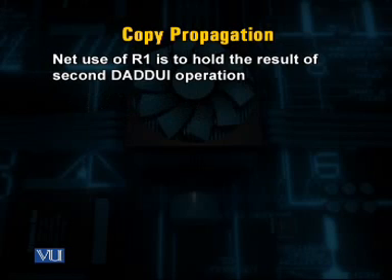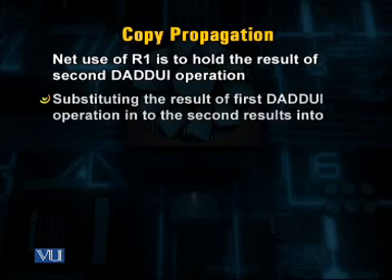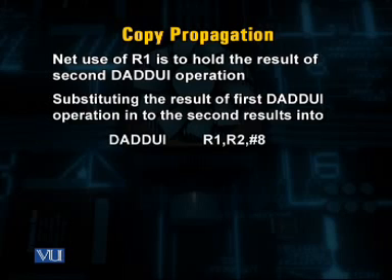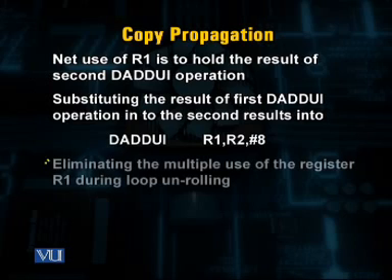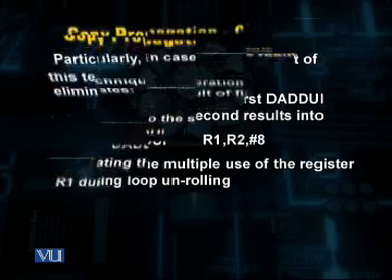Here the net use of R1 is to hold the result of the second add instruction. Therefore, we can make use of substitution, and we can substitute the result of the first add operation into the second operation by using one single instruction, that is add R1, R2, 8. Here we have eliminated the multiple use of register R1 during loop unrolling.